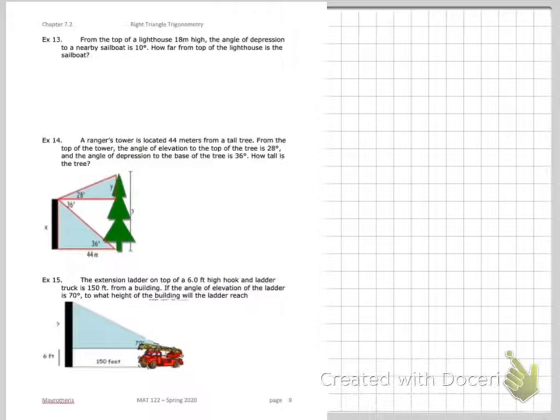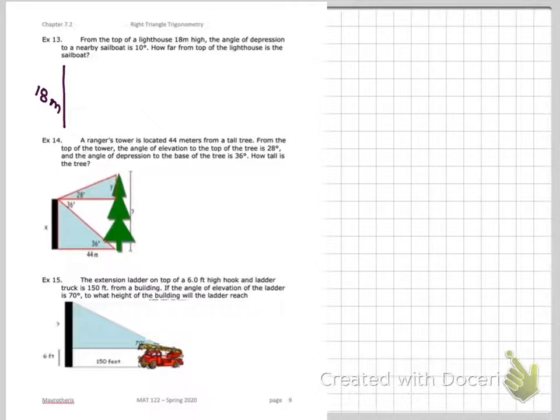Page 9. Let's get rid of the red here. Let's go back to the purple. Okay, so example 13. From the top of a lighthouse, 18 meters high. I'm not going to get super creative drawing my lighthouse, but I am going to label it as 18 meters.